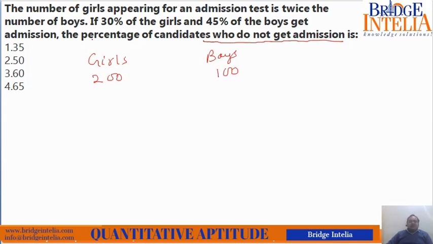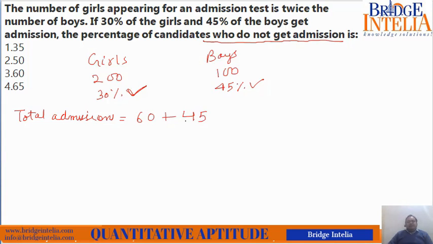30% of the girls get admission, and 45% of the boys also get admission. So how many people get admissions? Total admissions: 30% of 200, so 60, plus 45% of 100, 45. So that is equal to 105.